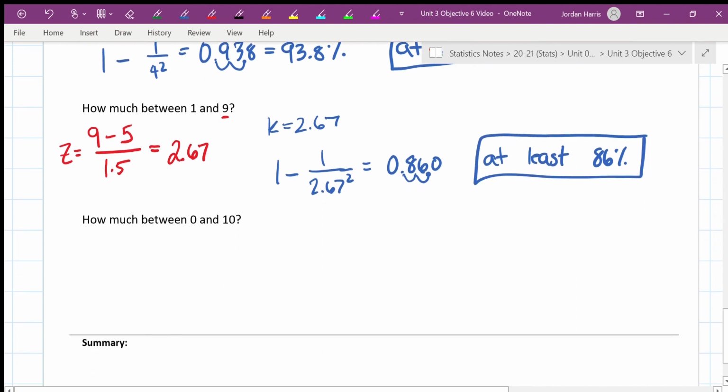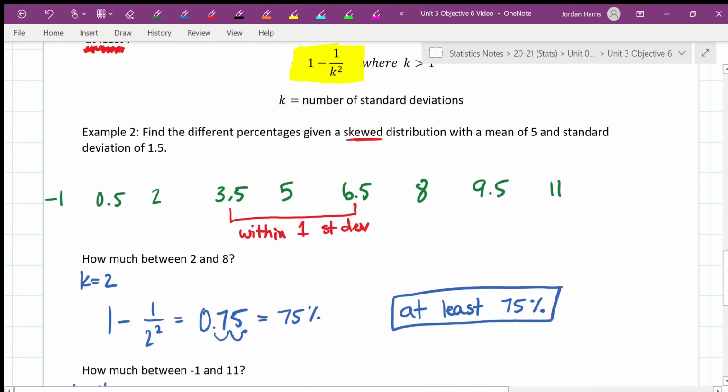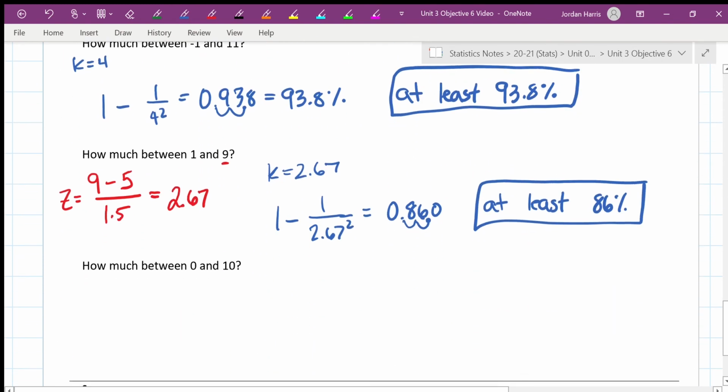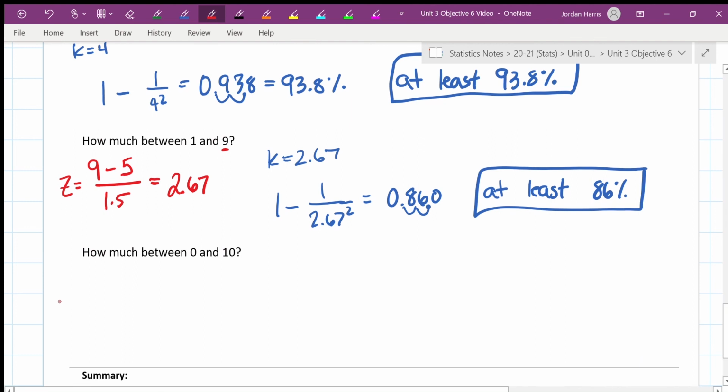All right, the last one, once again, is not exact. 0 and 10 aren't exactly on here. They're not whole numbers. So I need to use my z-score formula: the data point, which I'm just going to use the bigger one because you have to use one of them, doesn't matter which one, minus the mean, which was 5, divided by the standard deviation, which is 1.5, and I get 3.33, rounding to the hundredths place.